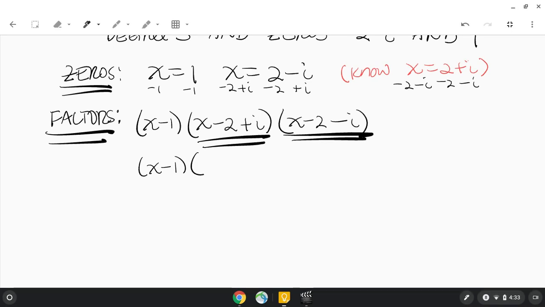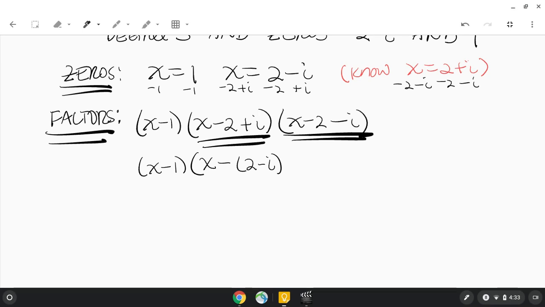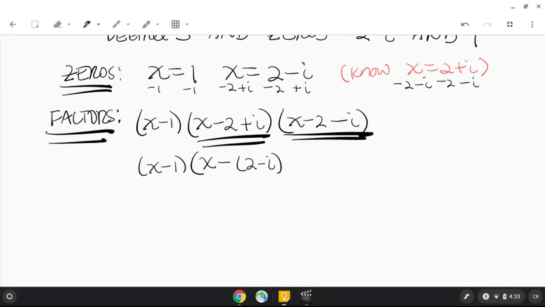I'm going to have this x, and I'm going to have this. I'm going to factor out a negative from these two, and that'll give me what I have here, right?